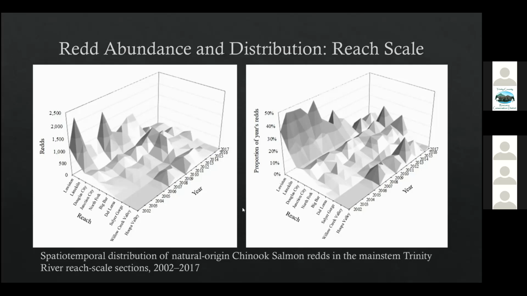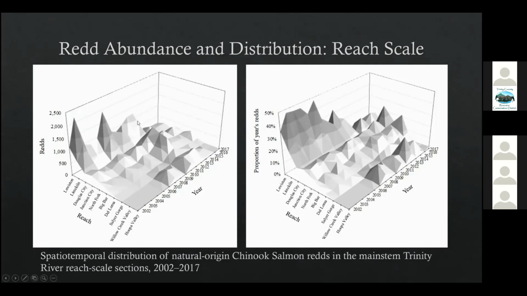And they both show a similar thing, where most redds are constructed up in the Lewiston Reach, and as I've said, the mean distance from the dam has moved downstream, and you can see that here where in 2002 and a little later, spawning was highly concentrated in that Lewiston Reach.